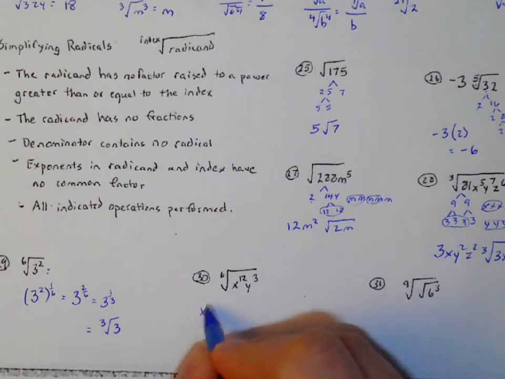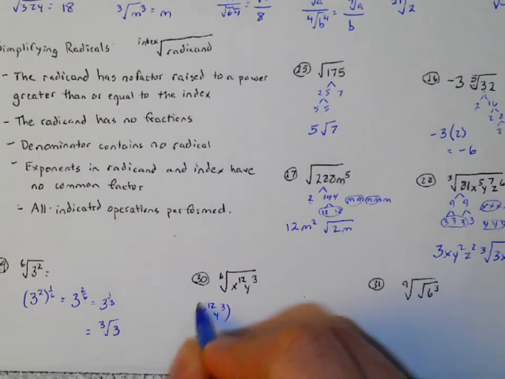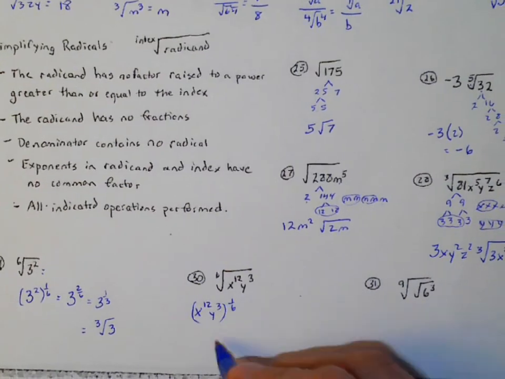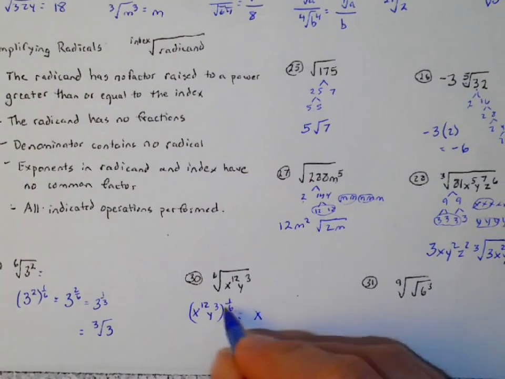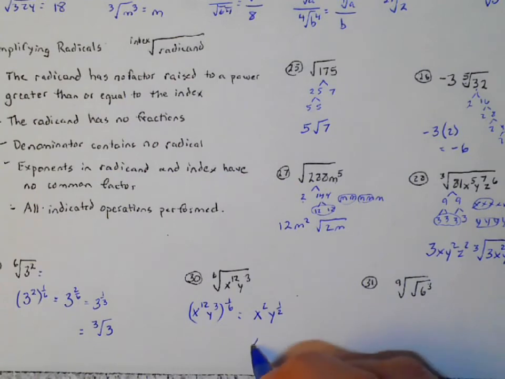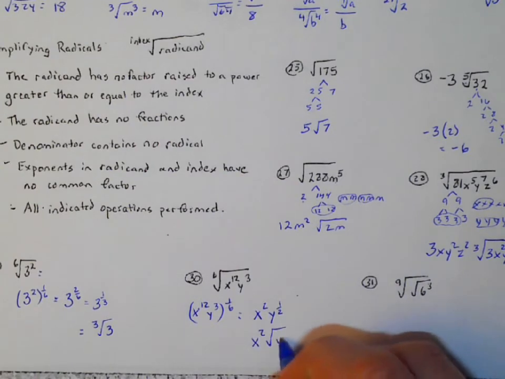Okay, this would be x to the 12th and y to the 3rd raised to the 1/6 power. If I distribute that through, it'd be x to the 12/6, which is 2, and y to the 3/6, which is 1/2. So I could say this is x squared square root of y.